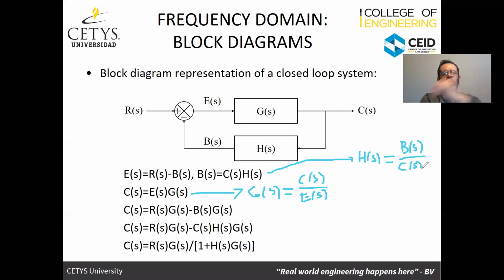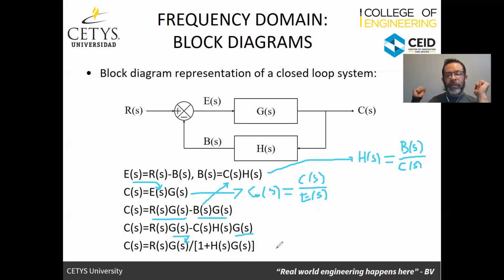And if we start playing around with these and substitute them into the previous formulas, E of S is equal to R of S minus B of S. We can substitute that one here and we get R of S minus B of S times G of S. We already know that B of S is C of S multiplied by H of S. We factor G of S in this expression.